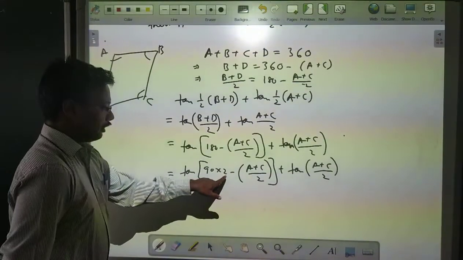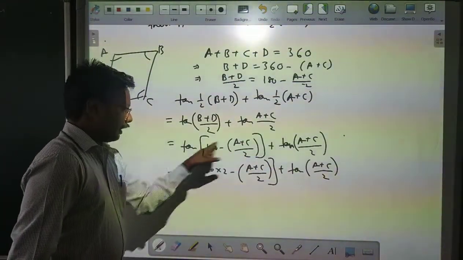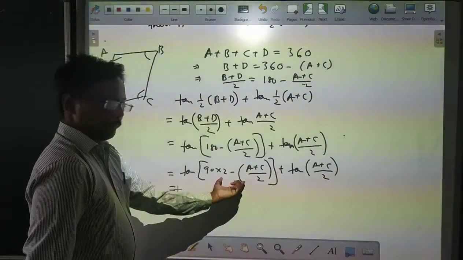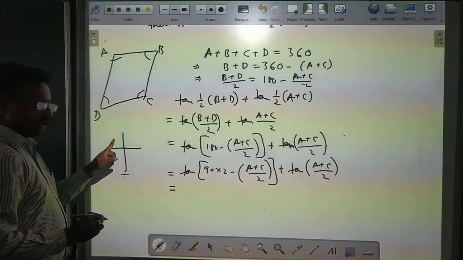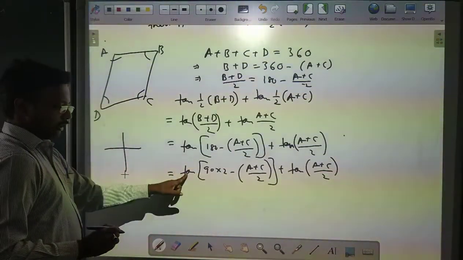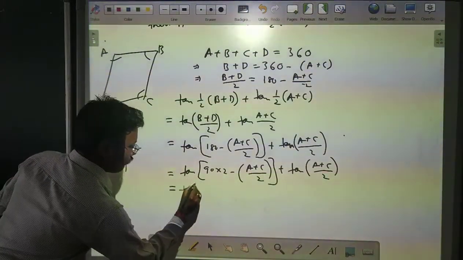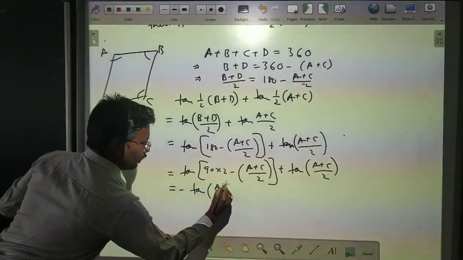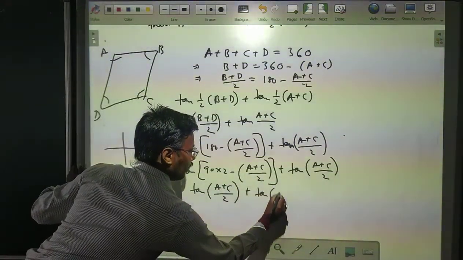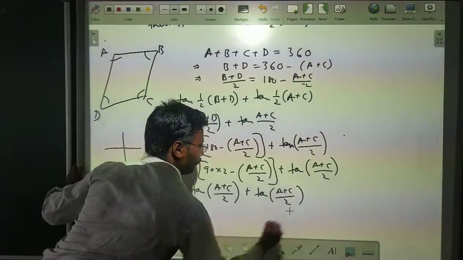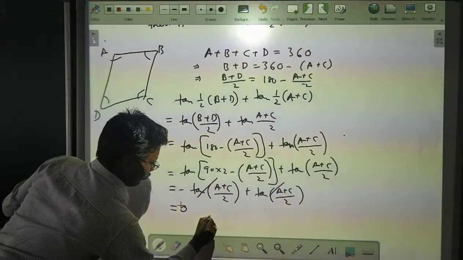Now, since n is even, and this angle is coming in the second quadrant, in the second quadrant sine and cosec are positive, but out here we are getting tan, so the sign changes. Minus tan (A plus C) by 2 plus tan (A plus C) by 2. So the answer is 0. Proved.